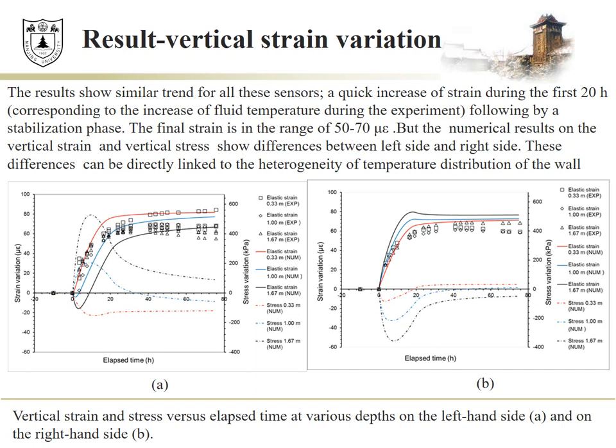The final strain is in the range of 50 to 70 microstrain, but the numerical results on the vertical strain and the vertical stress show differences between left side and right side. These differences can be directly linked to the heterogeneity of temperature distribution of the wall.